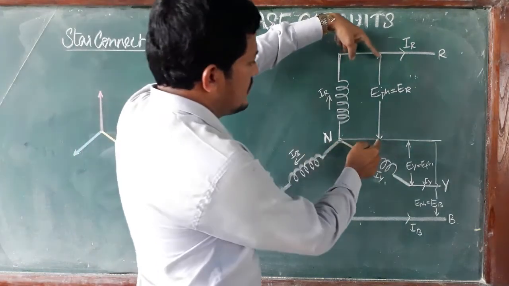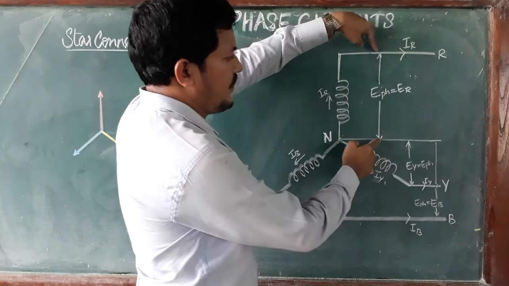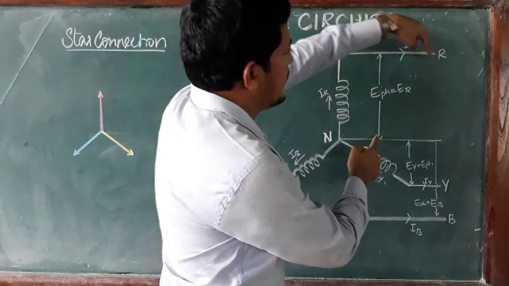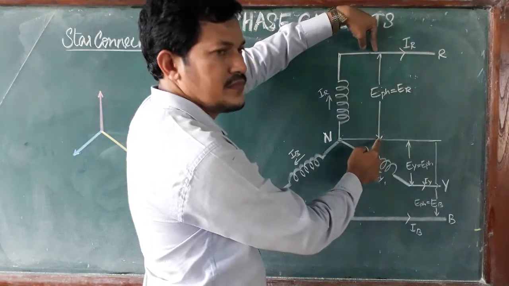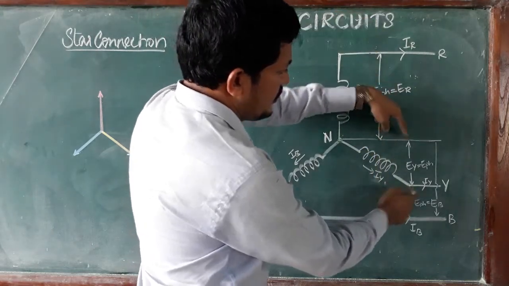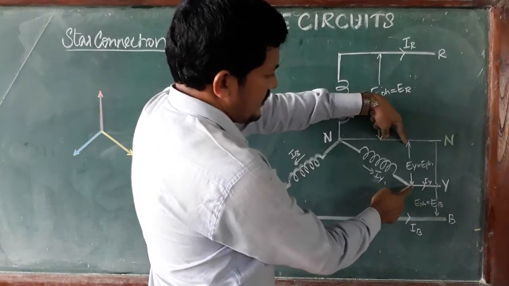This one, neutral to any phase line, is called the phase voltage. Here we take the R line, so neutral and R line gives ER. This is a phase voltage. Similarly, Y and neutral gives EY, or E phase.